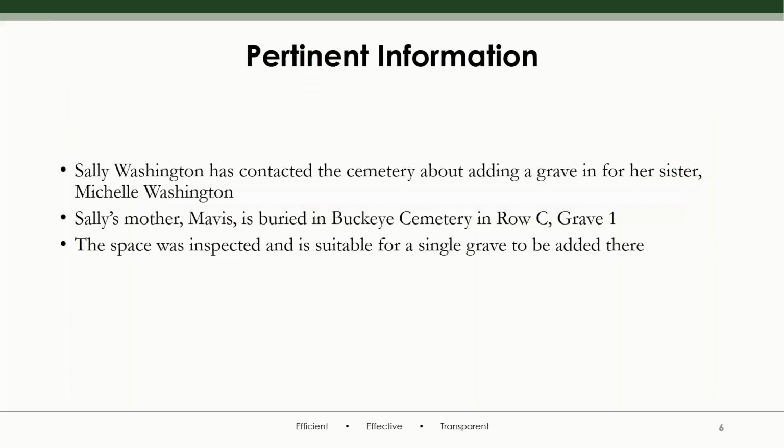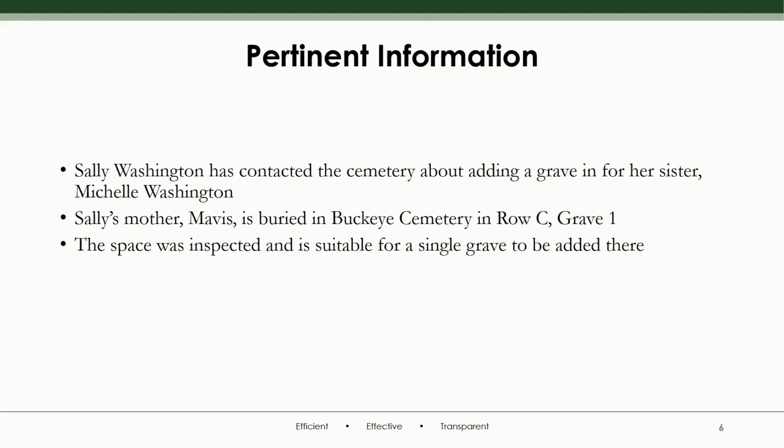And with that, now that we've got all that set up, I'm going to take you through what I call the life cycle of a grave. We're going to discuss a scenario that's going to take you from a grave location that doesn't even exist yet all the way up through recording a burial in that grave. So a little bit of background information here.